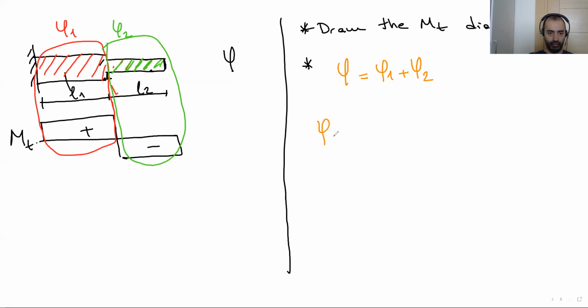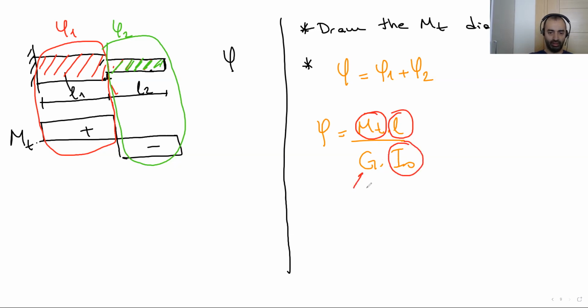Okay, remember the phi, MT times L over G times I0. So for the phi1, consider the moment. For each portion, we have to consider the related moment and its length and related I0.